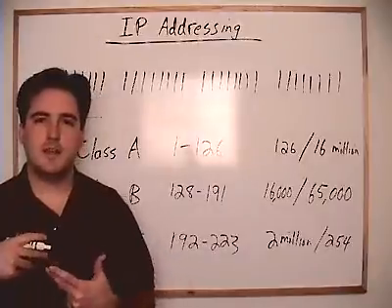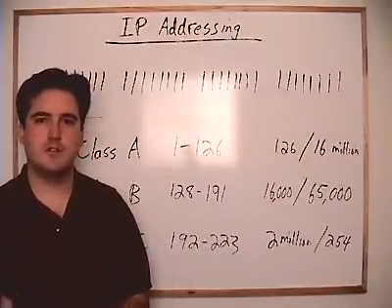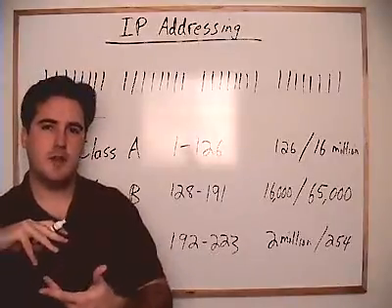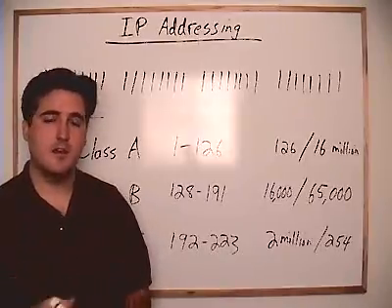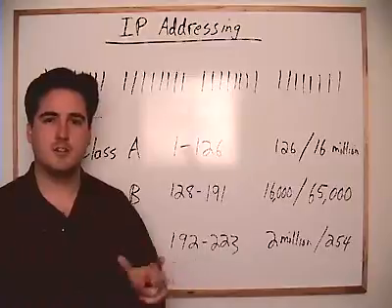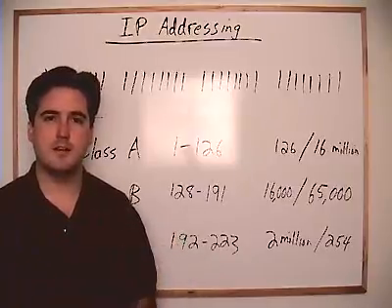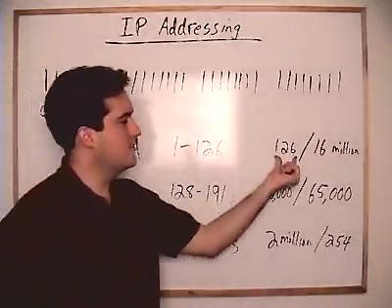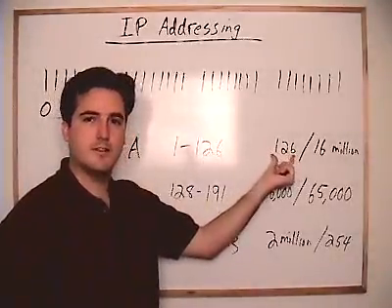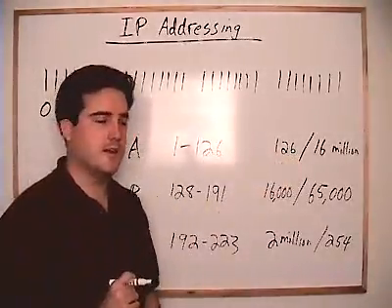You can always ping 127.0.0.1, and that will do a ping of your own network interface to verify your own functionality. So the entire 127 range is reserved for that loopback functionality. So the remaining numbers then, 126. So we have 126 possible networks for Class A.